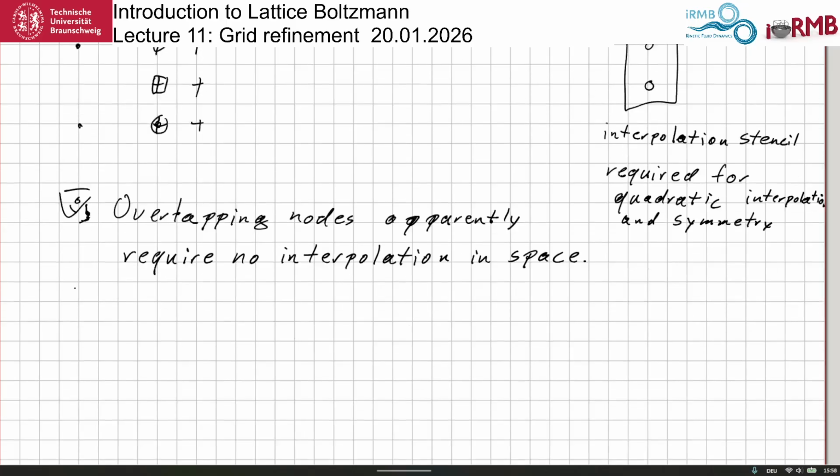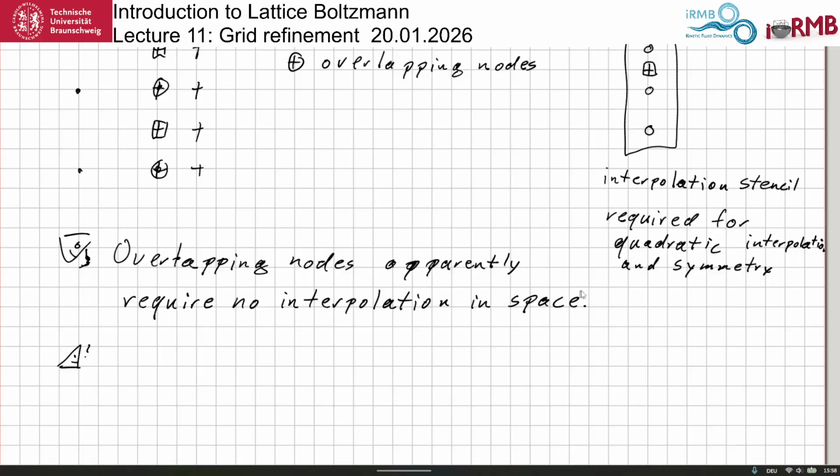And there's another thing. If we go from the coarse to the fine, we require interpolation. If we go from the fine to the coarse, we have overlap here, so we do not require any interpolation, right? So is this a good or a bad thing?